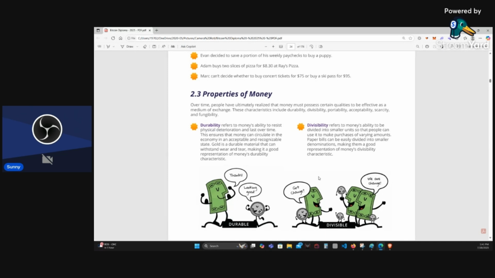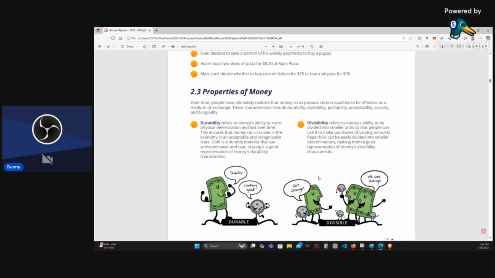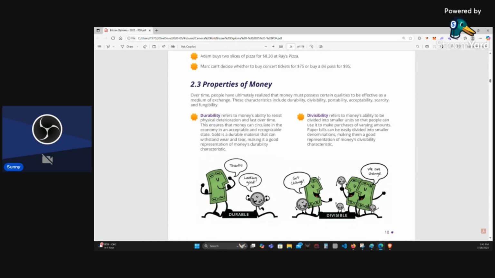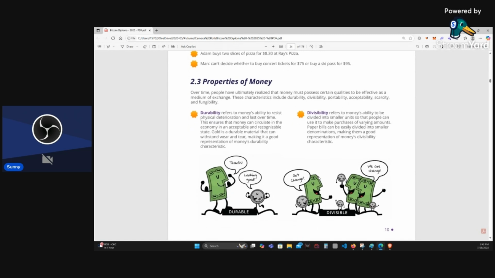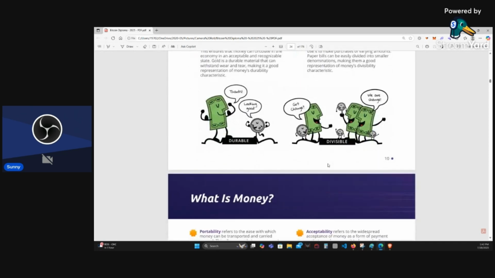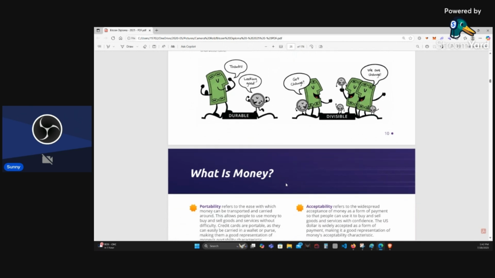Divisible refers to money's ability to be divided into smaller units so that people can use it to make purchases of varying amounts. Paper bills can easily be divided into smaller denominations, making them a good representation of money's divisibility characteristic. So you could turn $1 into 4 quarters or 100 pennies; it is divisible.